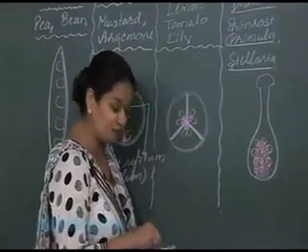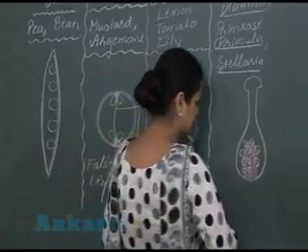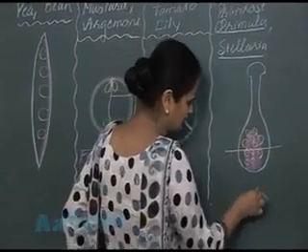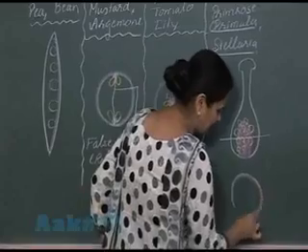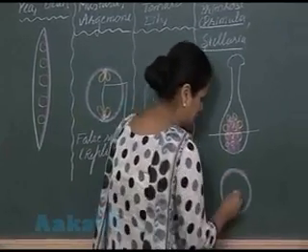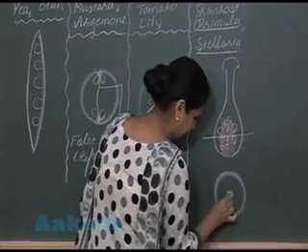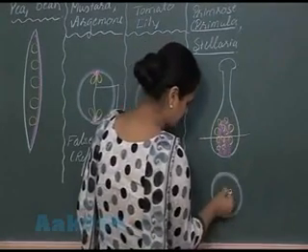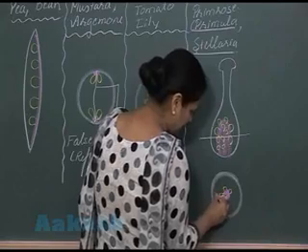Now if I will be cutting the transfer section here, अगर इस गाइनोशियम का मैं ट्रांसफर सेक्शन कट करूंगी तो अब ऐसी कंडीशन नजर आएगी. So this is the central column, and around it there is presence of ovules.